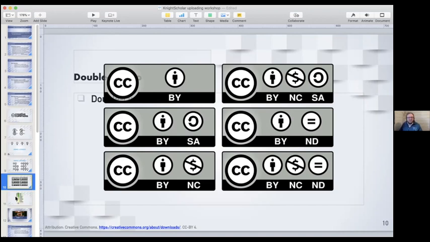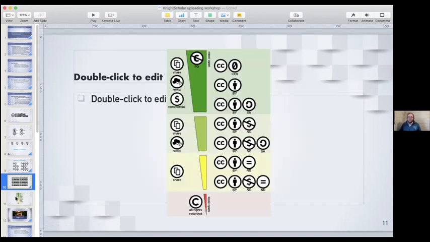These licenses also have a range of how restrictive they are. From the most open, which is CC0, which means that you as the author abandon all of your rights to this, or you're giving away all of your rights. You're basically giving it to the public domain, even though you can't really give something to the public domain until 75 years after you have died, but then you're not actively doing that.